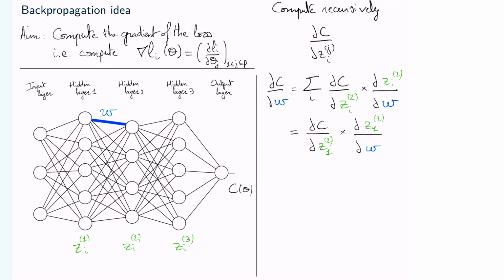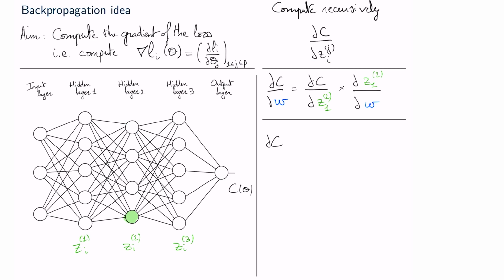To see that, let us consider this neuron Z24. We try to compute the derivative of C with respect to this quantity, assuming that we have access to the derivative of C with respect to Z3i for any i. Since C depends on the neurons of the third layer, and in turn these neurons depend on Z24, one can use the chain rule again to derive this expression.